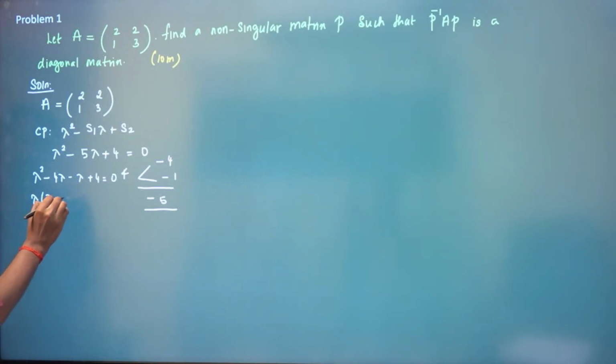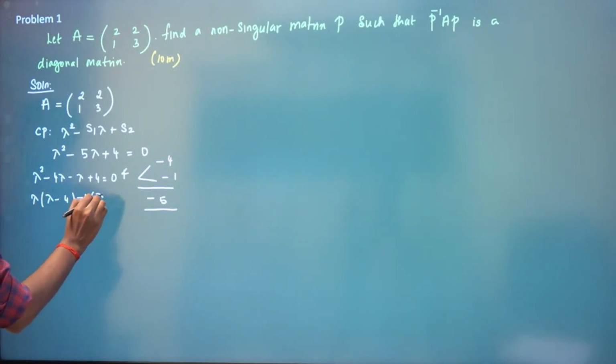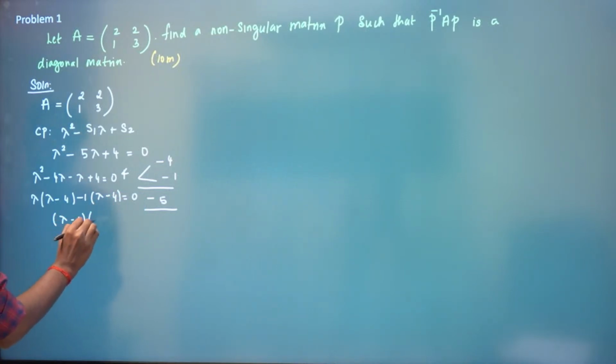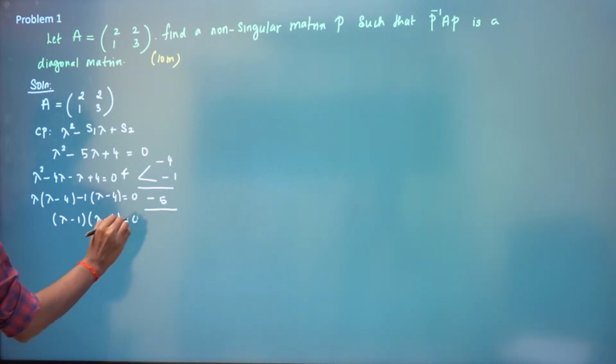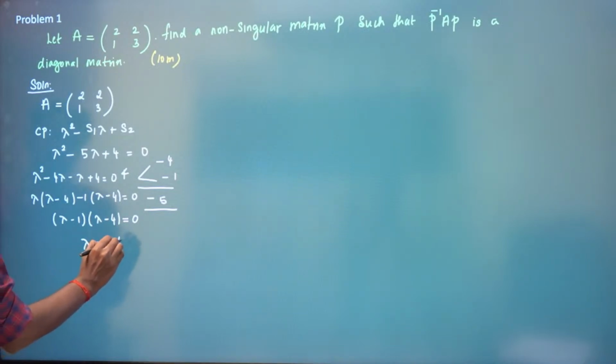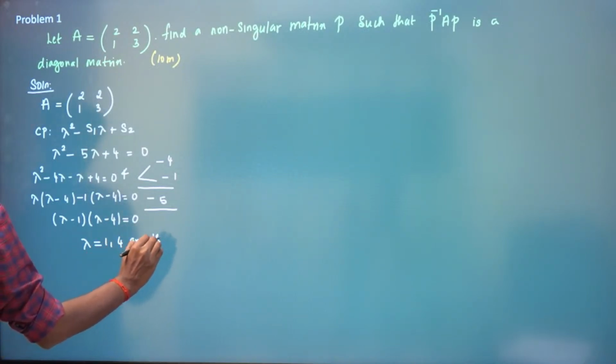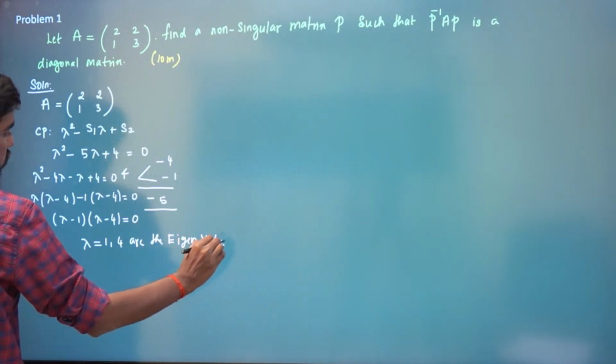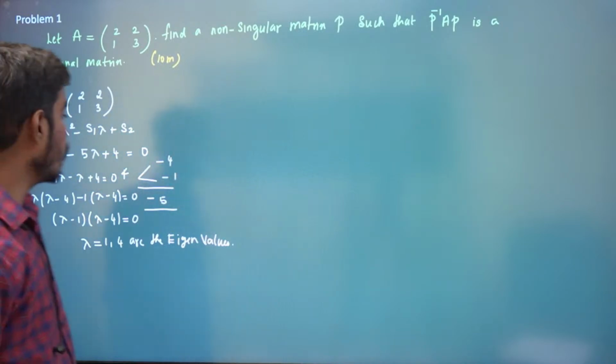So if I take lambda outside, lambda minus 4, minus 1 outside, lambda minus 4 equal to 0. So that means lambda minus 1, lambda minus 4 is equal to 0. So lambda is equal to 1 and 4 are the eigenvalues, right? 1 and 4 are the eigenvalues for this 2 by 2 matrix.